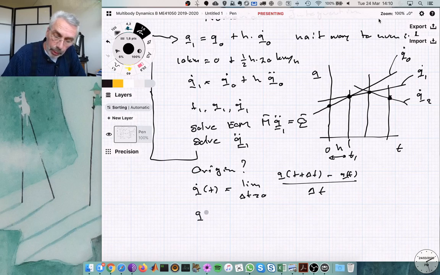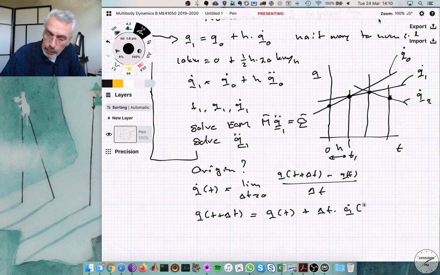I can say, the q at t plus delta t equals the q at t plus delta t times q dot at t. But note that when we come to this, we sort of got rid of this whole thing of the limit, that the time steps should be very small. We cancelled that out, and then we get this formula. So this only holds for delta t's which are very small.